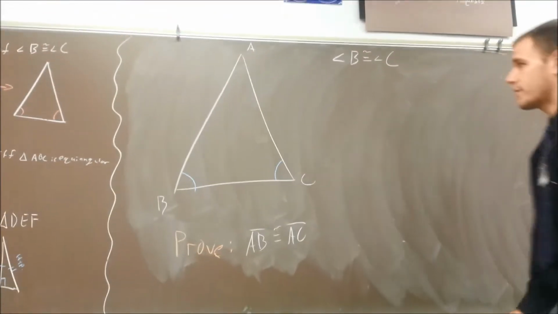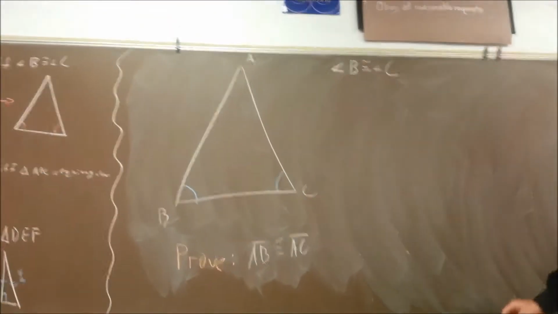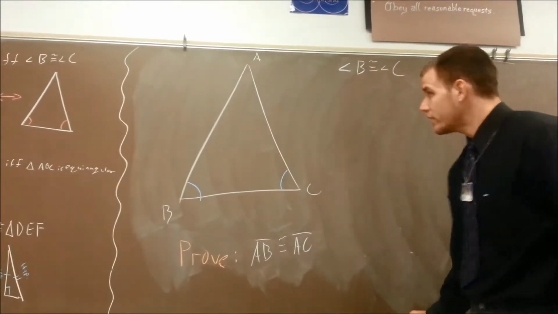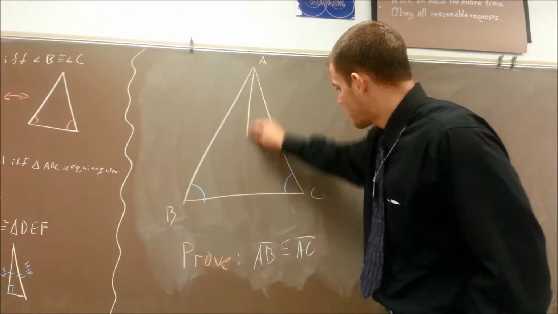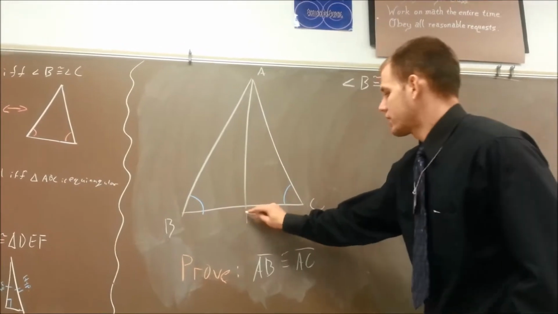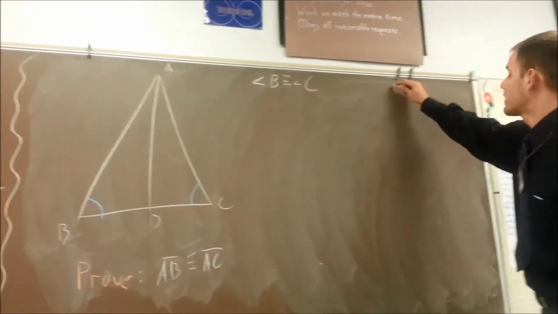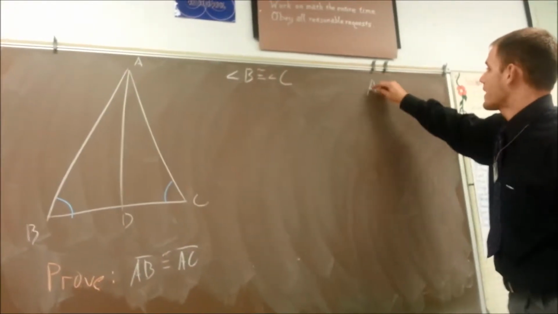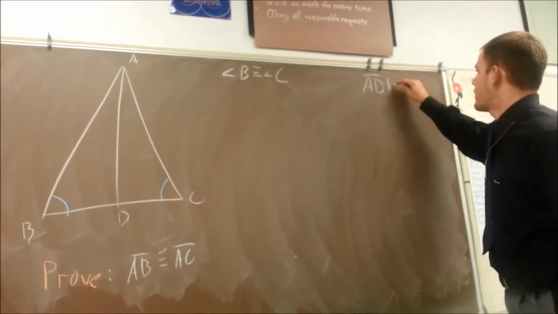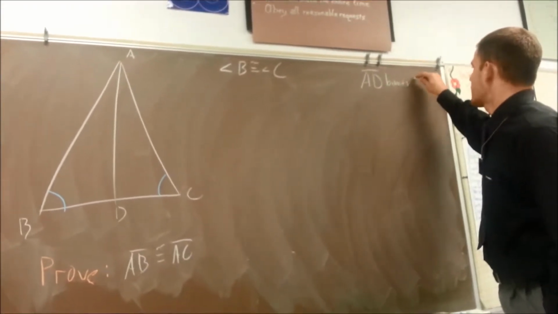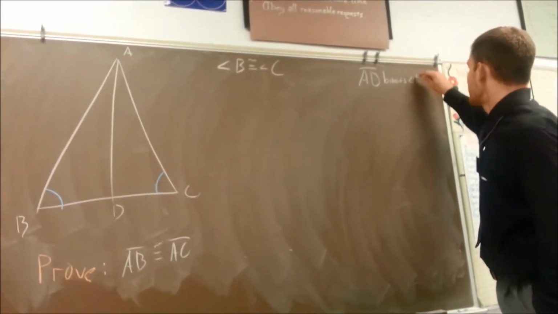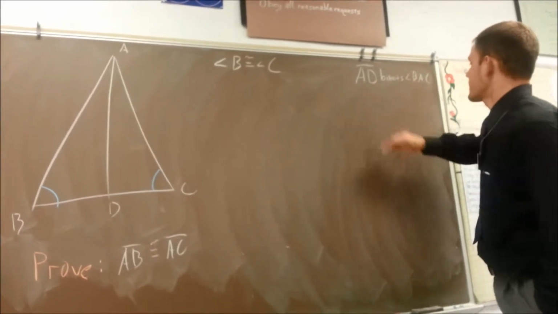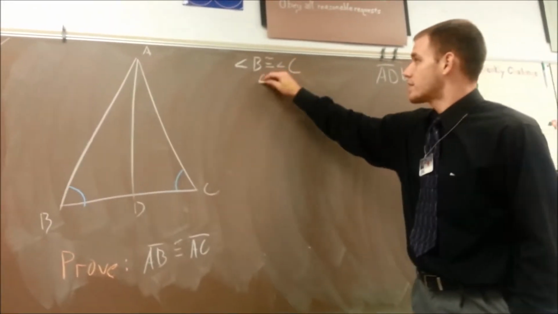We start with our given information. Now, of course, that alone is not enough to do it, so what do we do? We draw an angle bisector. AD bisects angle BAC. This is given.